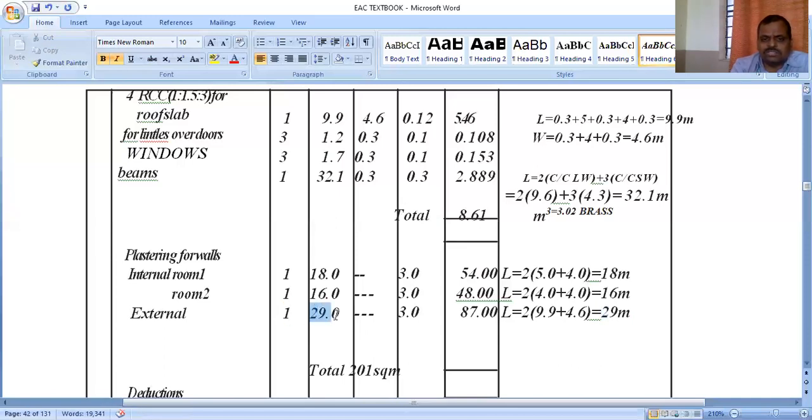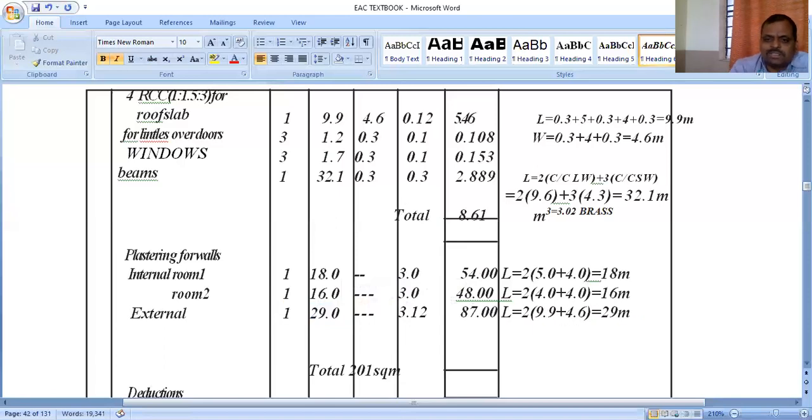Secondly, the length of the plastering, the total external perimeter, is nothing but 29 meter, whereas the height of the plastering including the slab, I will take as 3.12 meter. So how much will be the total?